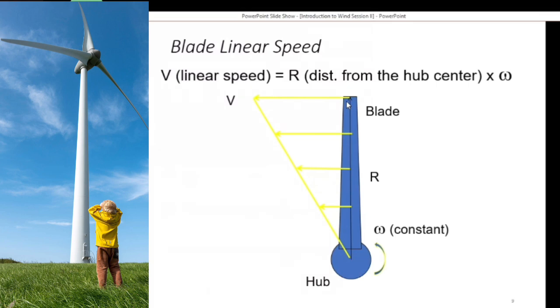Sometimes the mistake made is, when saying length of the blade, they consider it as just the length, then to get the radius they divide by 2, as if it were the diameter, or it is the radius. And by considering this wrongly, the more you take the wrong blade length, the more you increase the kinetic energy incorrectly. Because remember, the kinetic energy depends on the mass and the velocity.